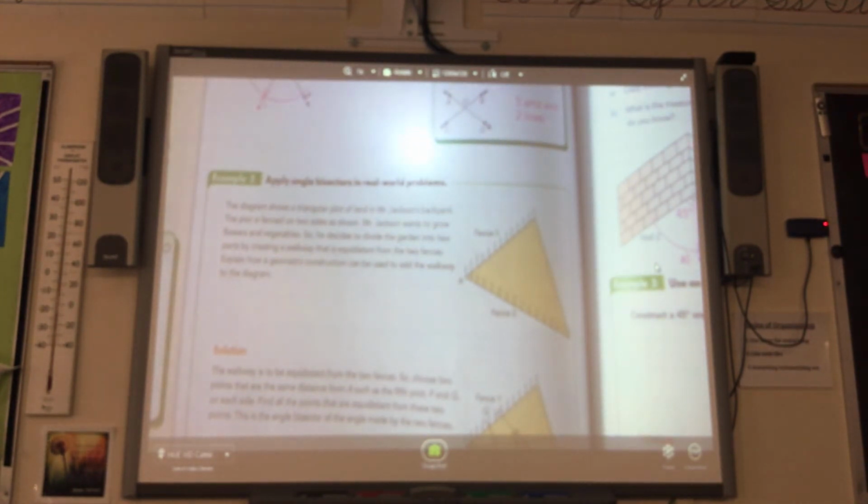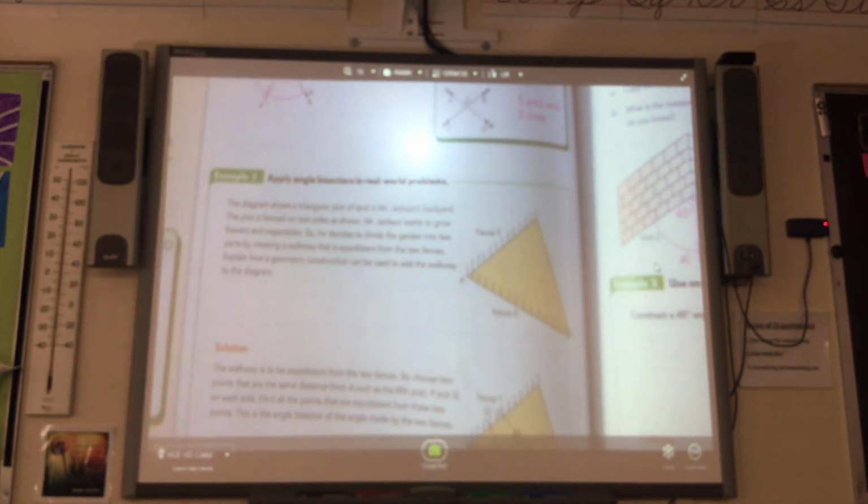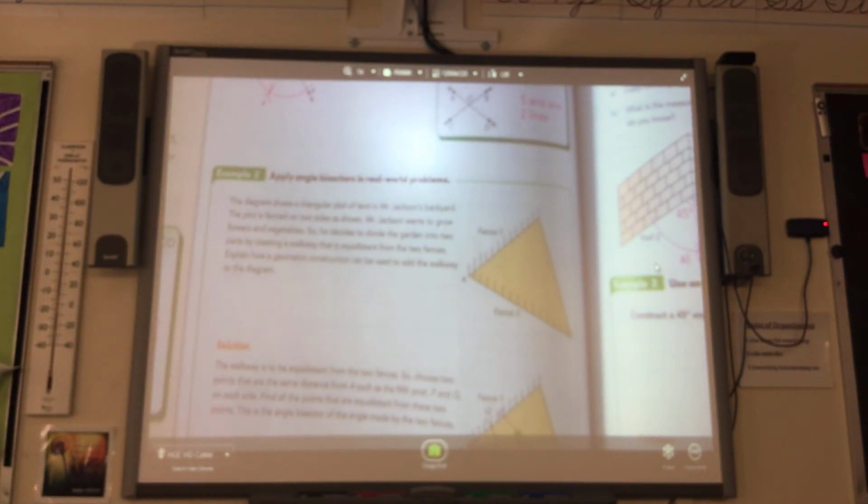I mean, architects would use stuff like this for sure. Shoot, I should know this. Yeah, it's someone's job where they actually use things like this. They use it in different ways, but they definitely use these things. It's like when they're making maps or doing things in real life.